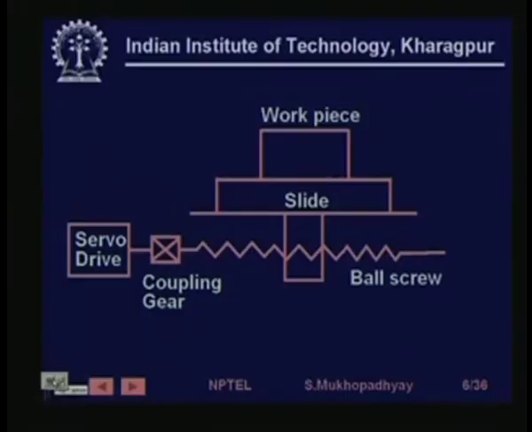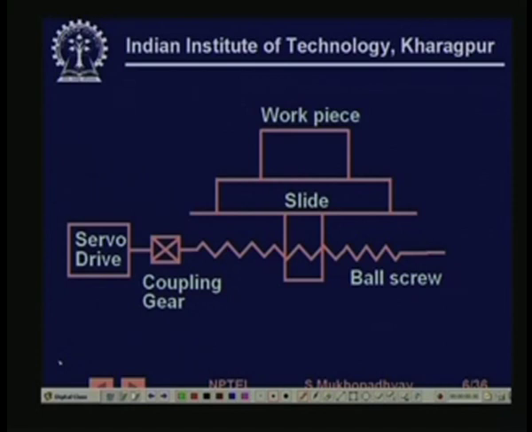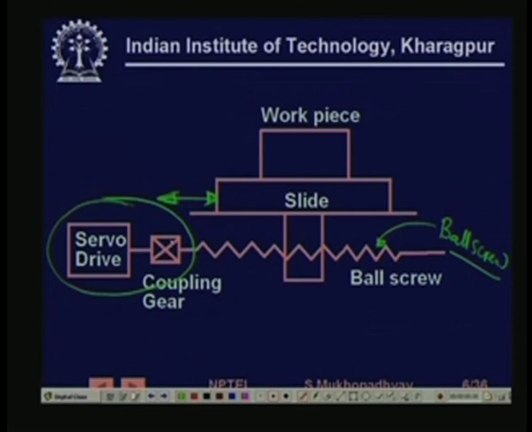That is very simple. For creating the 2-dimensional motion of the table, this kind of mechanism is created where there is a slide. We are only showing motion in one direction. In this direction the slide can move, because it is connected to what is known as a ball screw. The drive is still a motor, which is coupled to the ball screw, maybe through a gear.